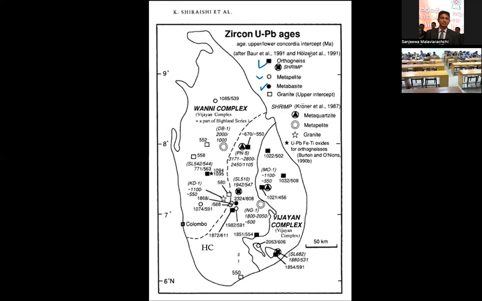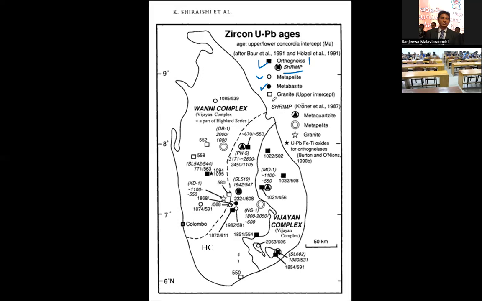Orthogneisses are direct rocks from magmatic crystallization. SHRIMP is another type of ion microscope, a mass spectrometer, more advanced compared to normal SIMS. That has also been used. In other cases, all the ages are derived from SIMS or laser ICP-MS, laser LA analysis.